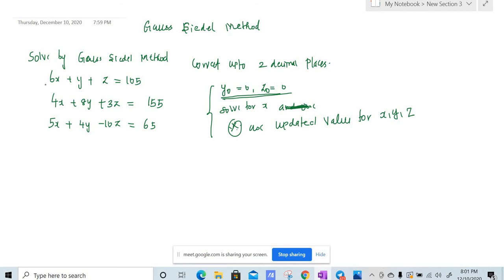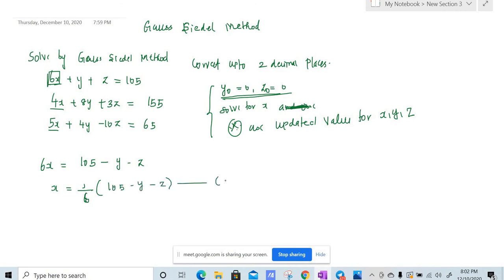So first what we need to do is, you just see we have 6x, 4x, 5x. So which one is larger? 6x is larger. That means you just keep 6x one side and then you bring y and z to other side, and x will be 1 by 6 into 105 minus y minus z.